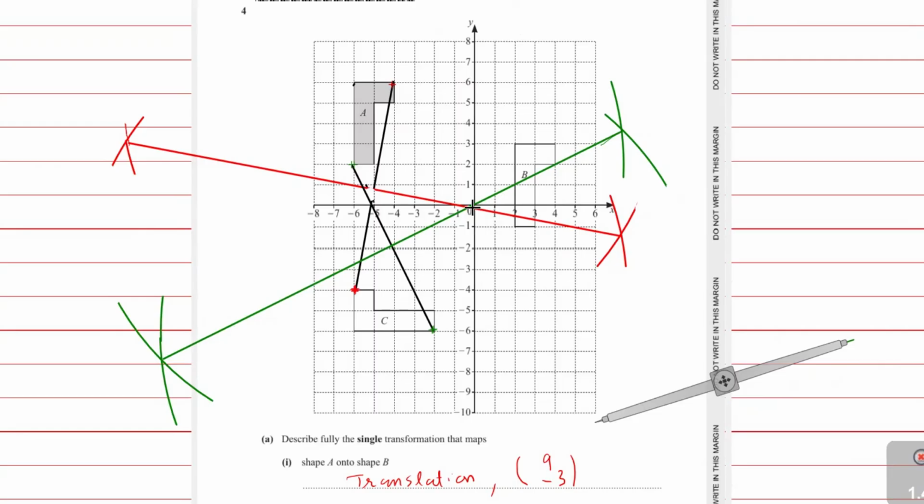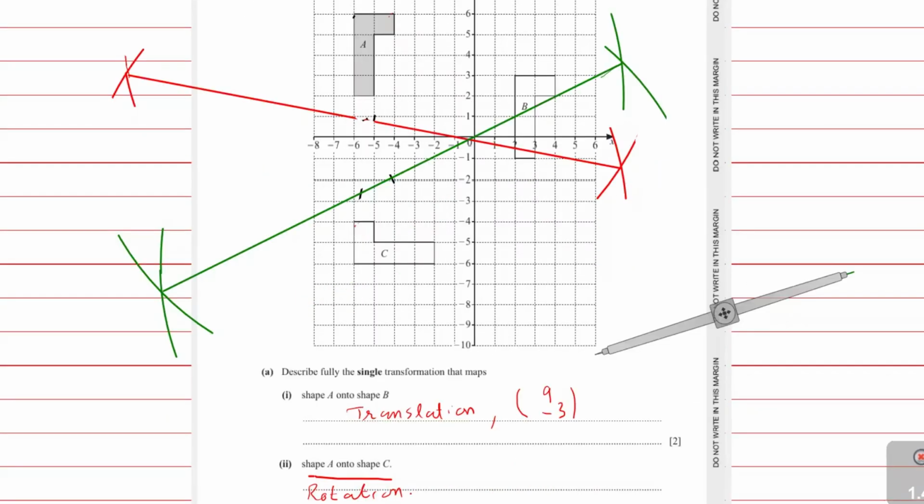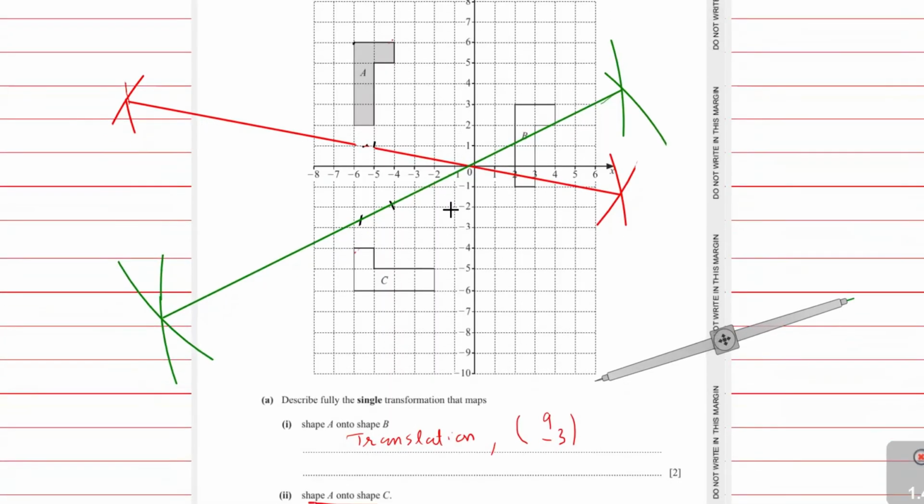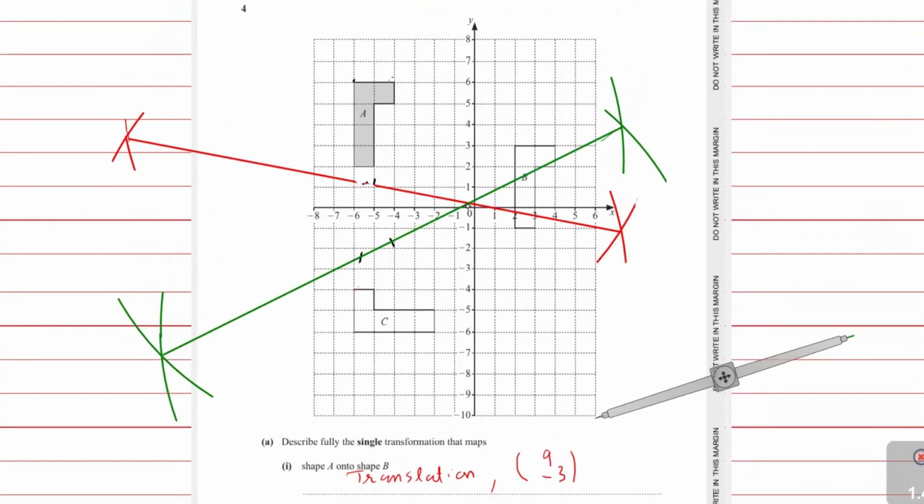Where both perpendicular bisectors intersect, this will be the center of rotation. We write here the center of rotation is (0, 0). And next we see the angle of rotation. To get the angle of rotation, we will join the object point to this center of rotation and this corresponding image point to the center of rotation.